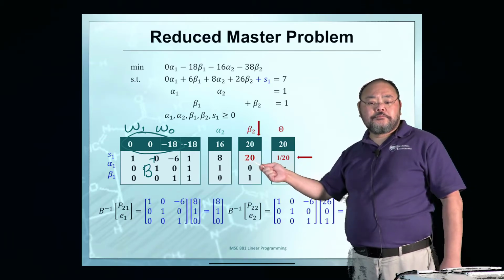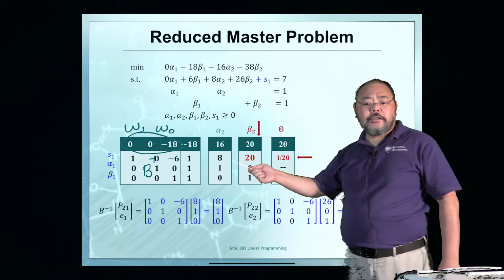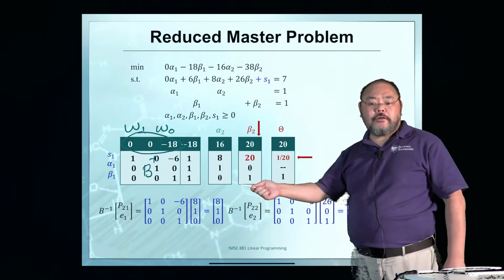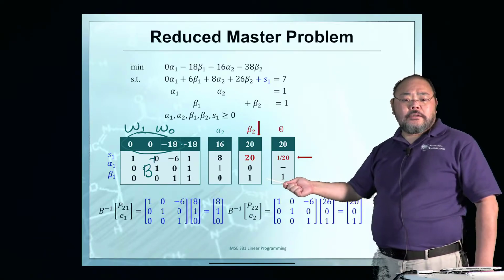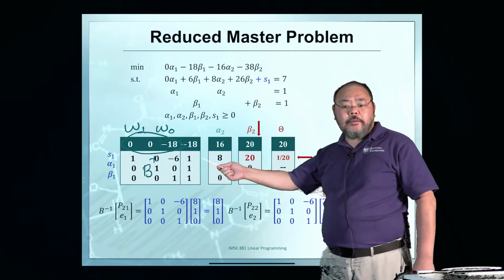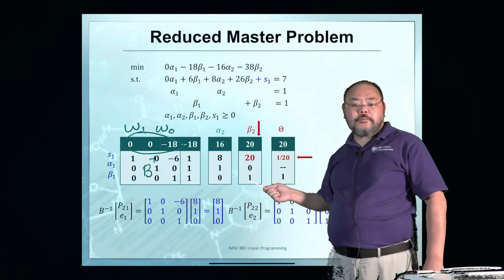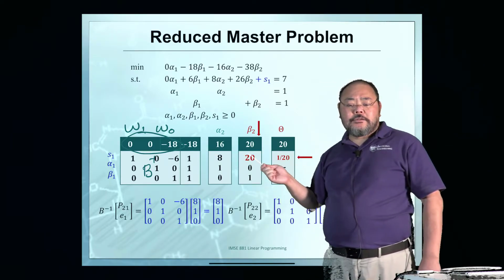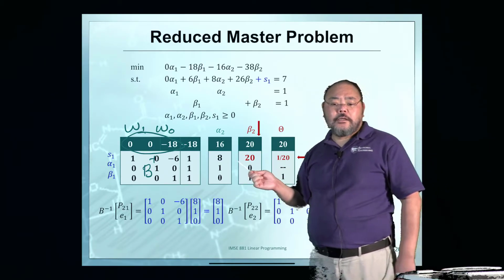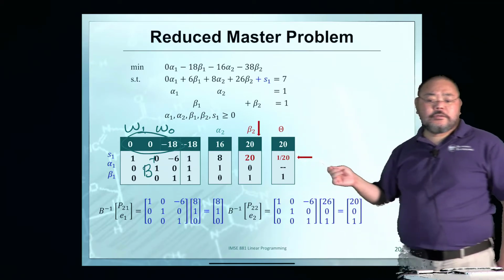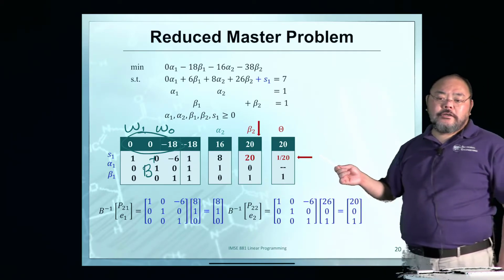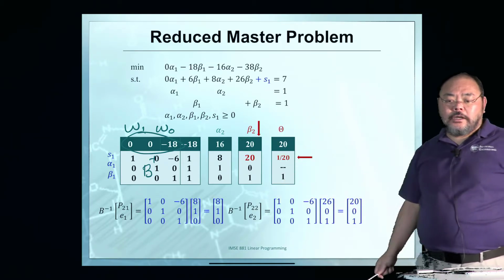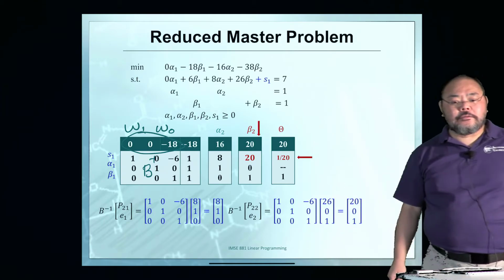Taking the right-hand side divided by the entering column Y: 1 divided by 20 and 1 divided by 1. Therefore, of course, S1 is the one to leave the basis. So beta 2 is coming in and S1 is going out, my slack variable going out.